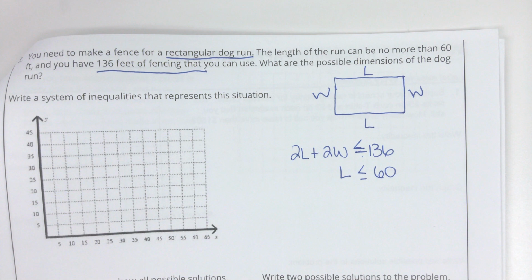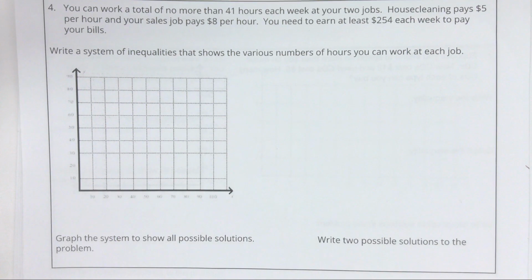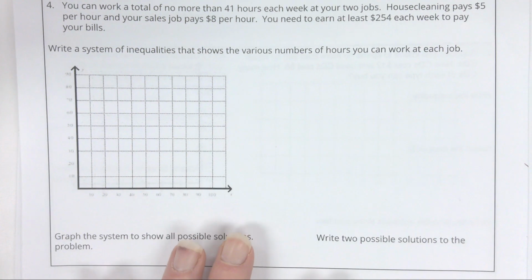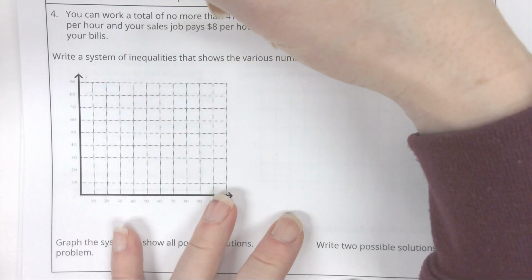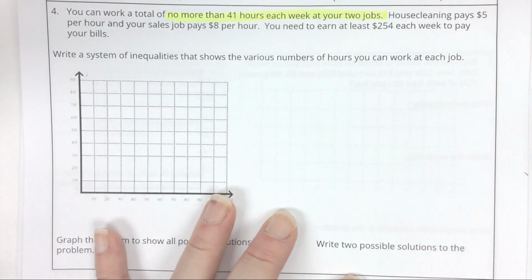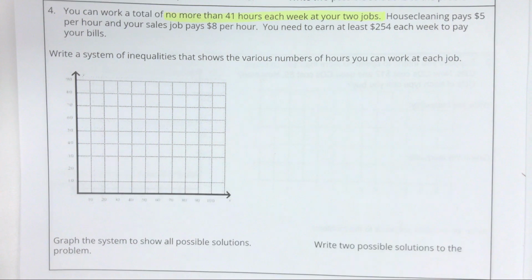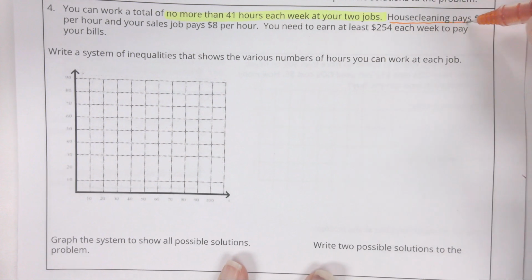We're just doing setups for these two. You can work a total of no more than 41 hours a week at your two jobs. House cleaning pays $5 per hour.